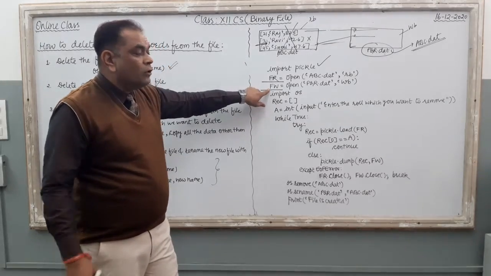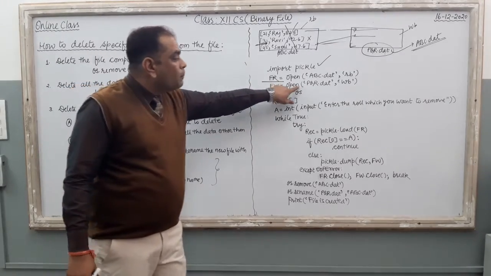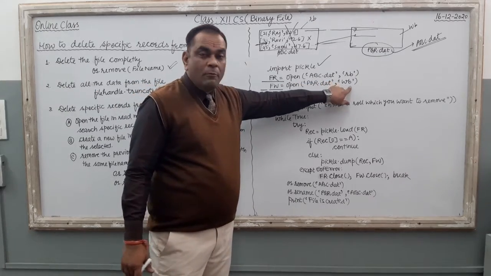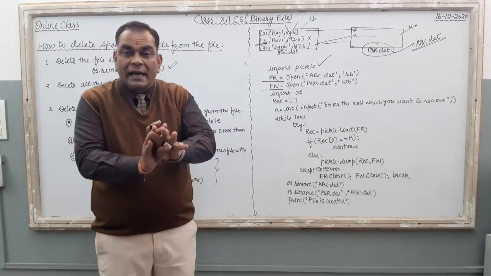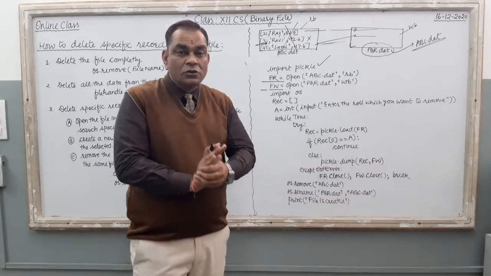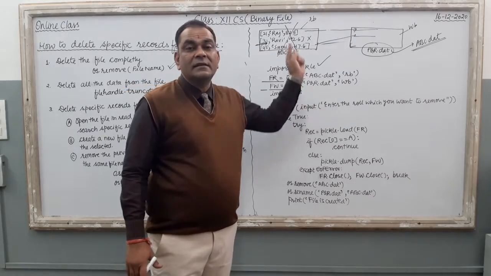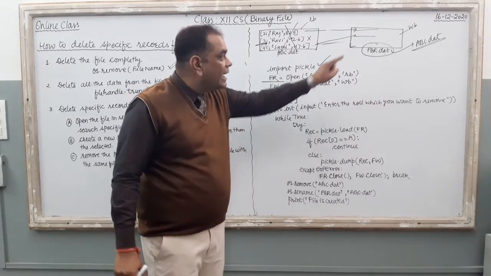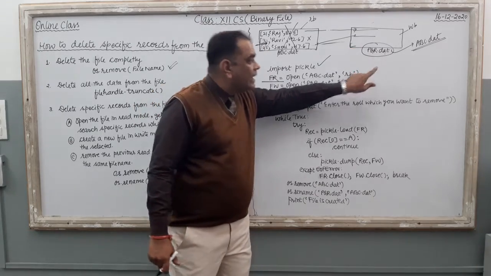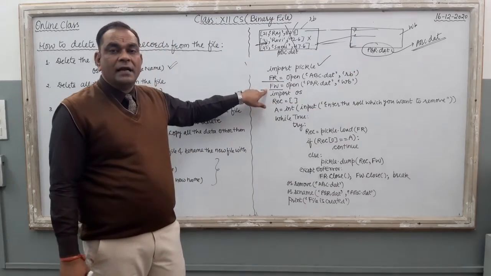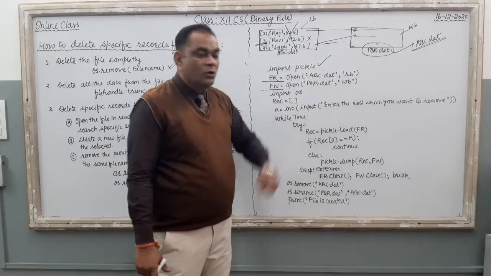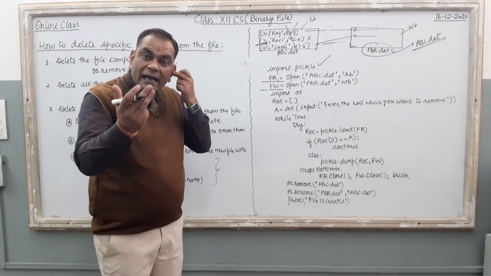Now fw, another file handle, open pqr.dat in wb. Right now the pqr.dat file is not available in the hard disk. So the pqr.dat file is created now in the hard disk, and this pqr is connected with the fw file handle, and the file is in write mode. So two file handles are there.